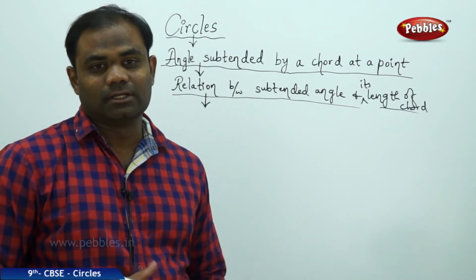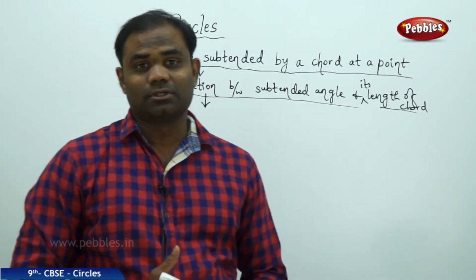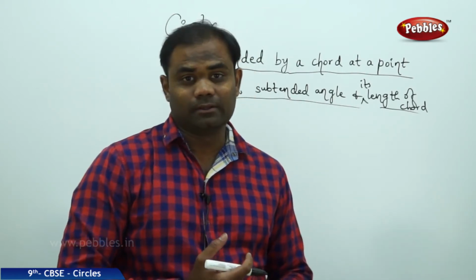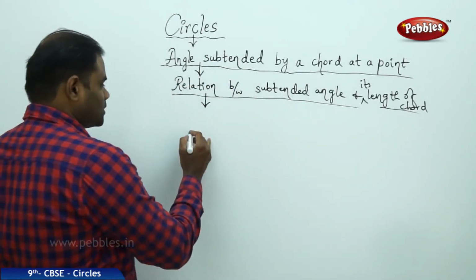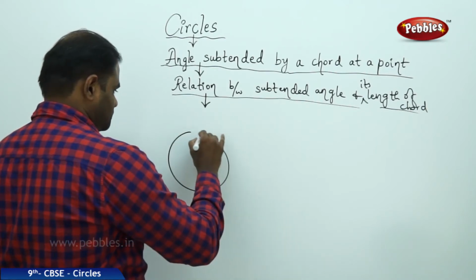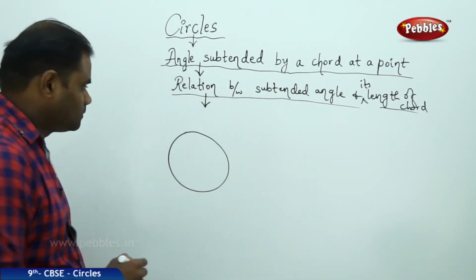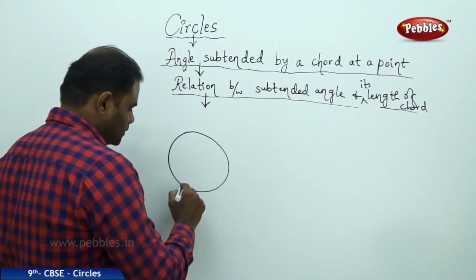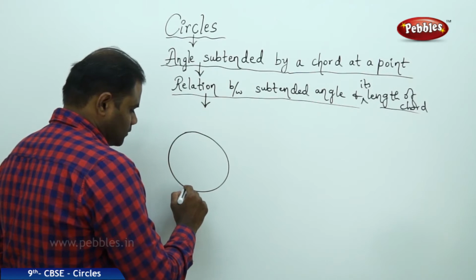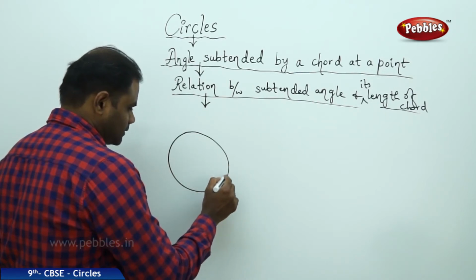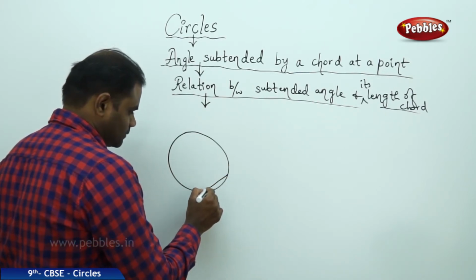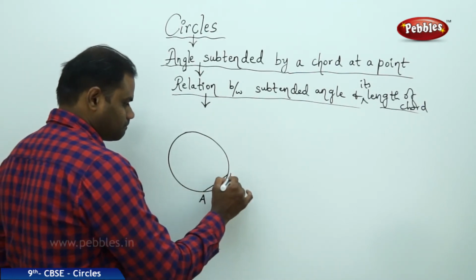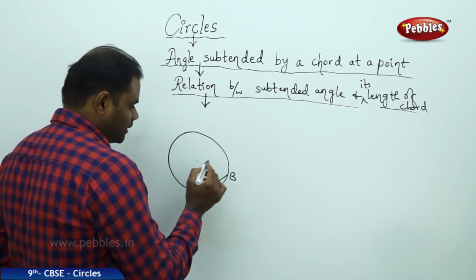So let's take a circle and understand the concept through the investigation of the length of the chord and its subtended angle. So here is the circle, and say for example, I take a chord AB, and here I have the center.